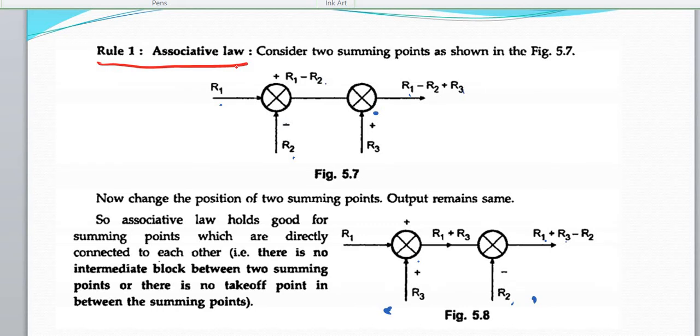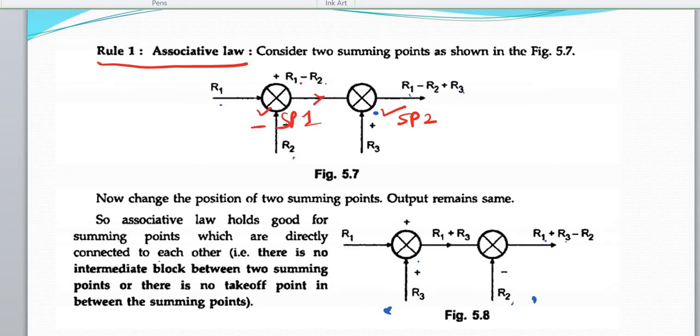What this associative law says is, consider two summing points as shown in the figure. Let me say this is summing point 1. This is summing point 2. To summing point 1, the input is R1 and one more input is going from this side, that is R2, with a minus sign.